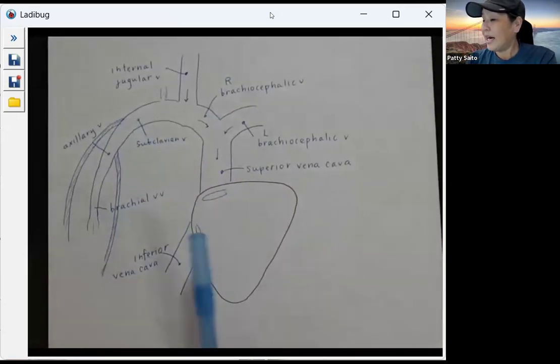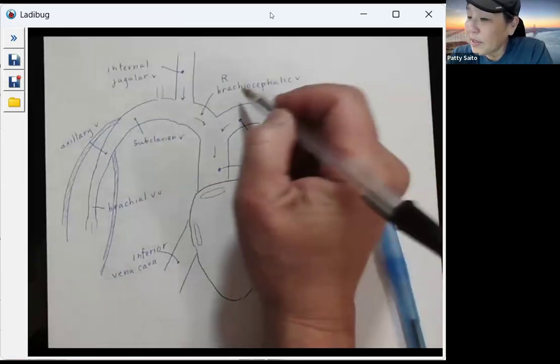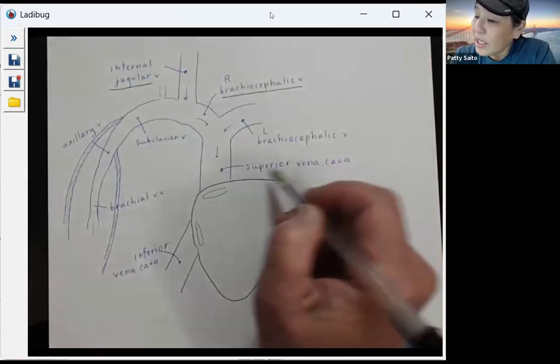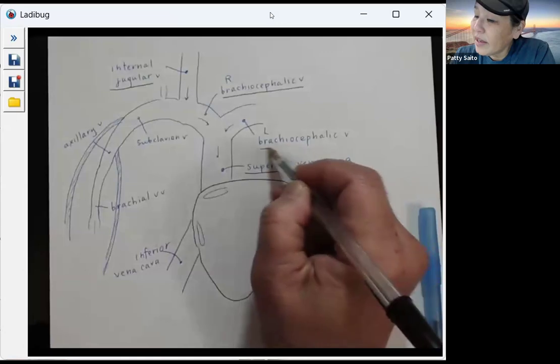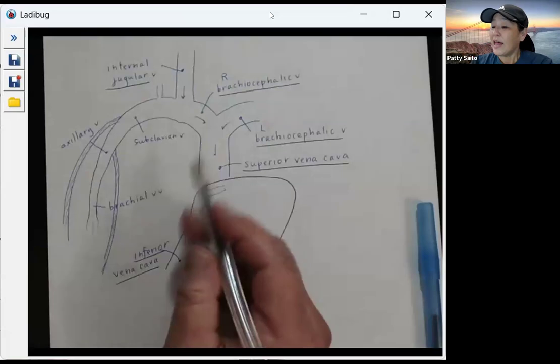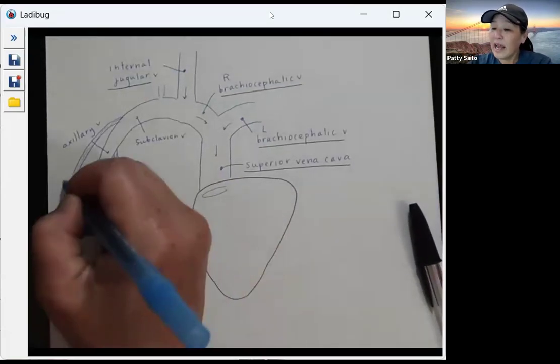Maybe I'll underline the things you have to know. You have to know the brachiocephalic vein, internal jugular vein, superior vena cava, inferior vena cava. Okay, but you don't need to know these. Next, you do need to know this one and this one.